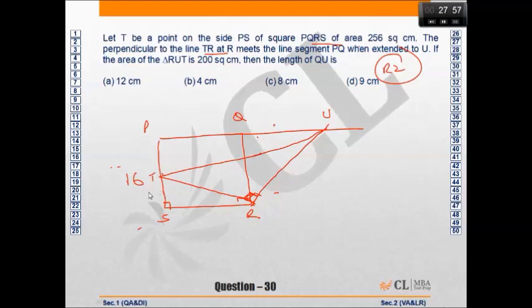So if this is x and this is 16, there is under root of 16 square plus x square. This has to be a right angle.